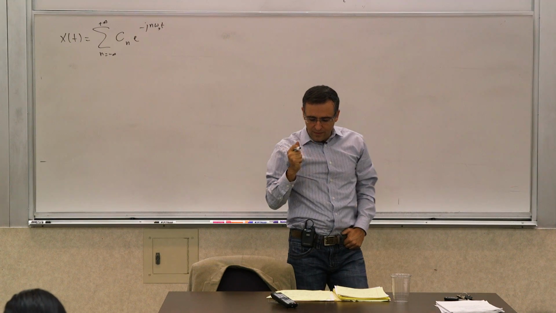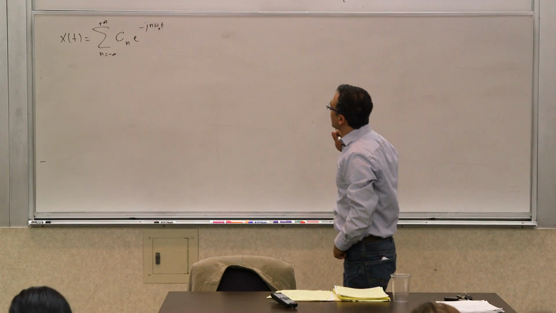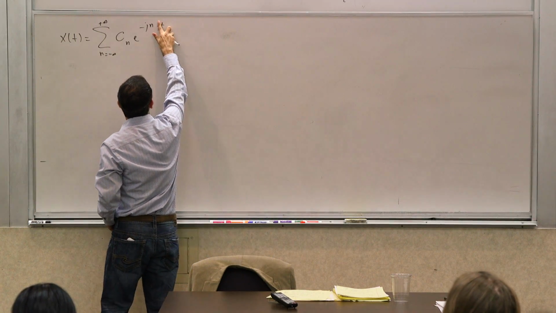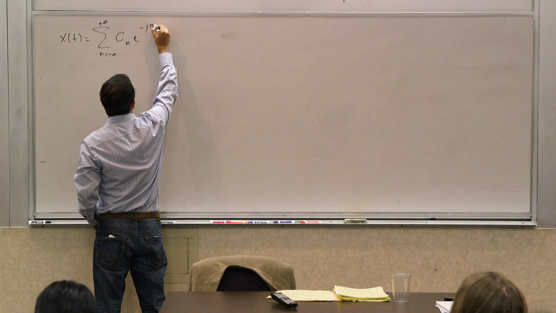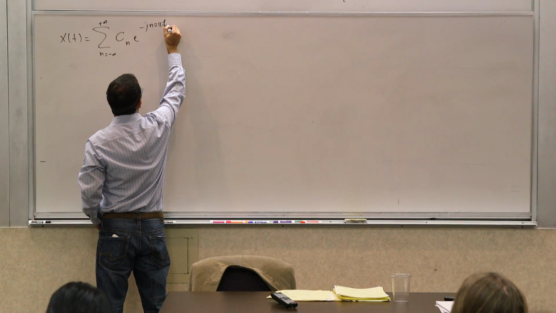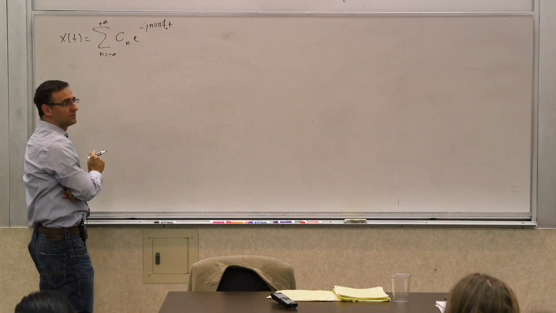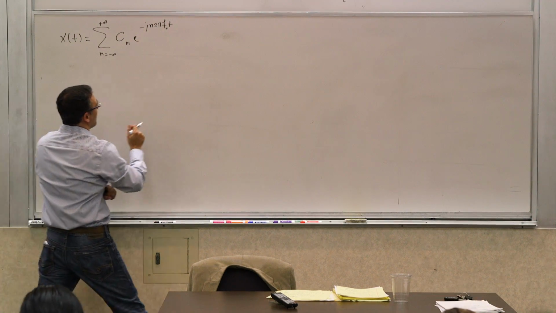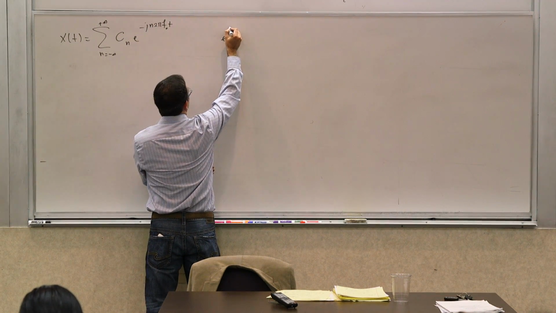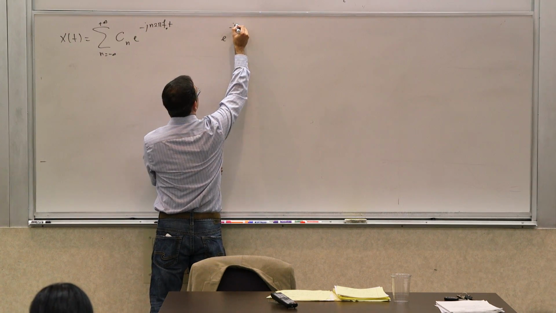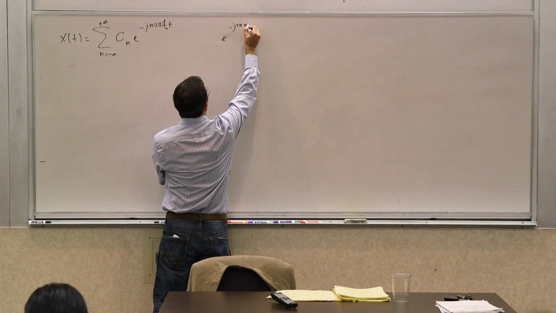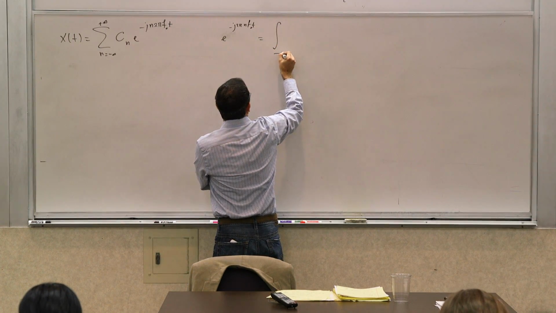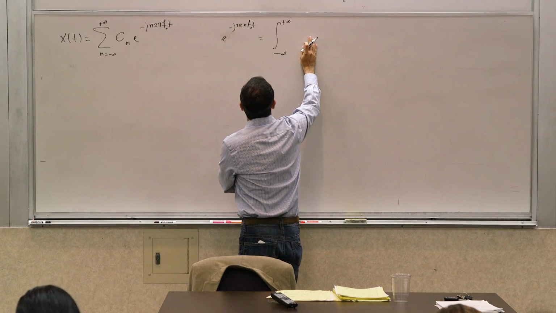Now, with that in mind, you could also write it in terms of the actual frequency f, so we can write it as 2 pi f naught t. Now I'm going to play a little trick here. I'm going to use the sifting property of the deltas, e to the j 2 pi n f naught t, right? Do you agree that this can be written in the form of this integral?